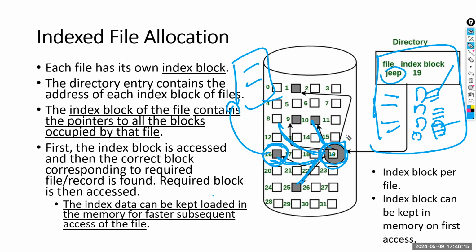So most of the time you just need to load two blocks: the index block, then the block containing your data. So in databases, when you create an index as part of your table, usually your database makes sure it uses index file allocation so that the search becomes fast.